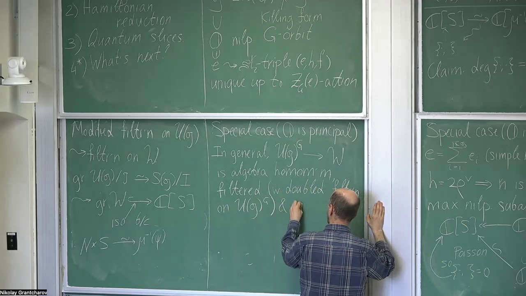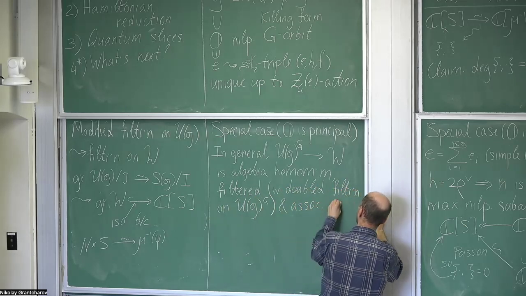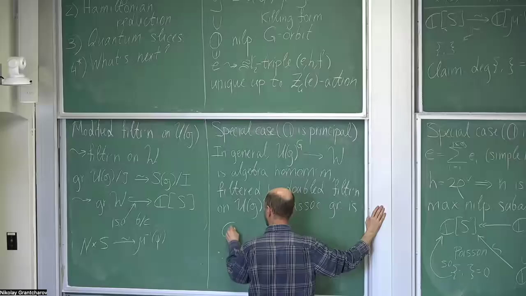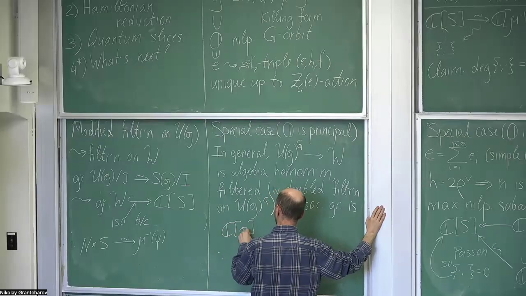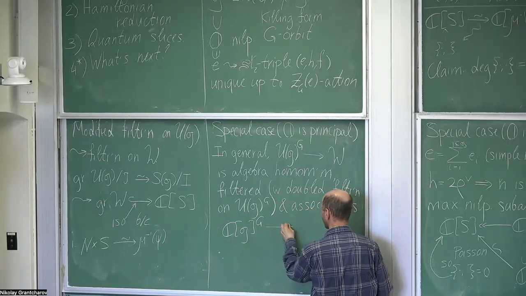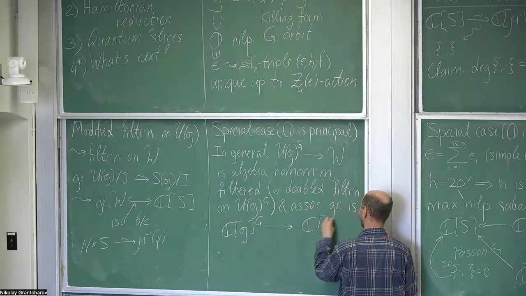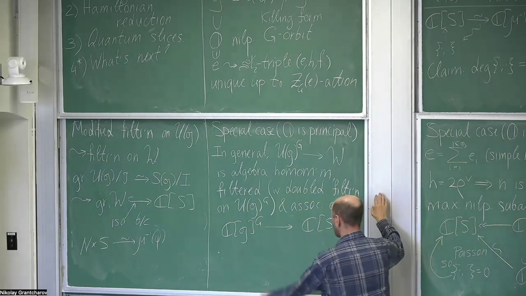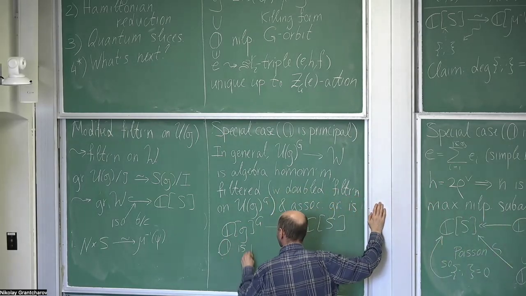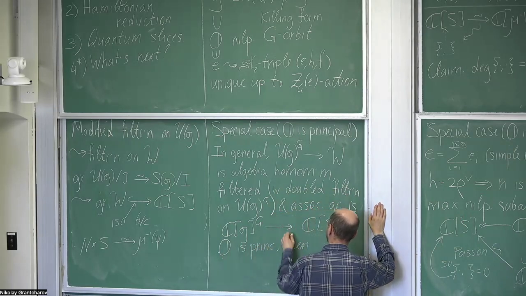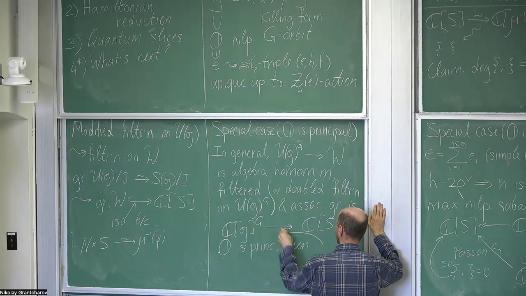And on the associated graded, this homomorphism is a similarly defined homomorphism from the invariants in C of g, C of S. Now, when O is principal, then this guy here is an isomorphism.